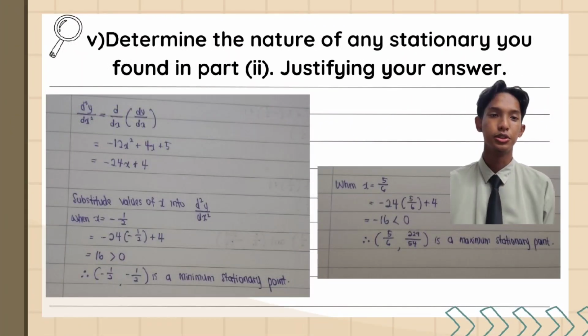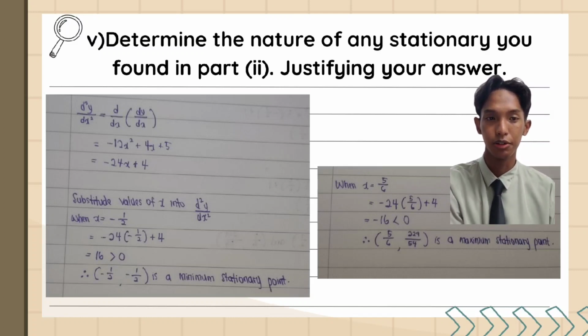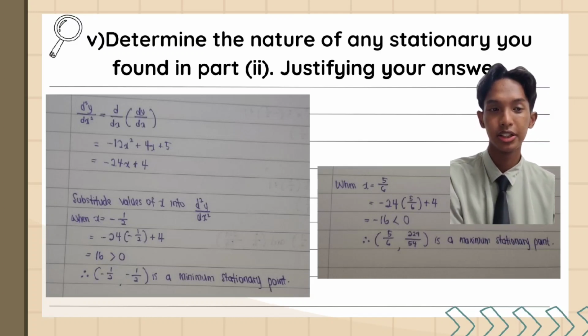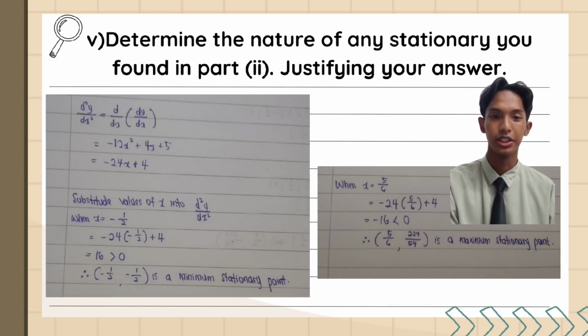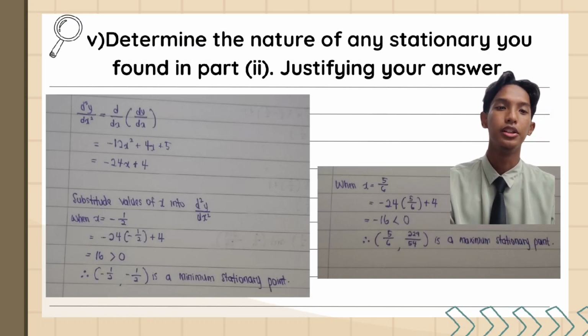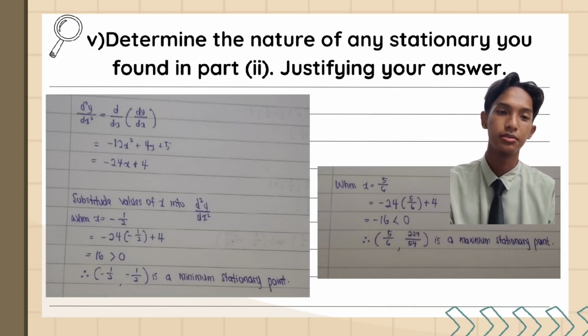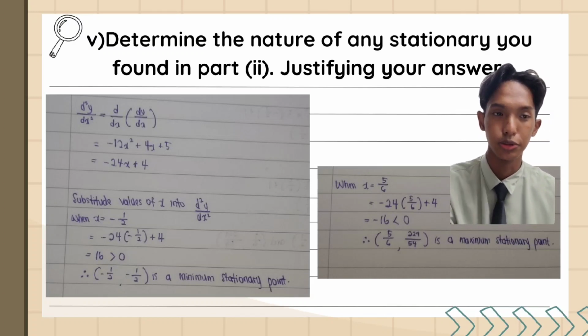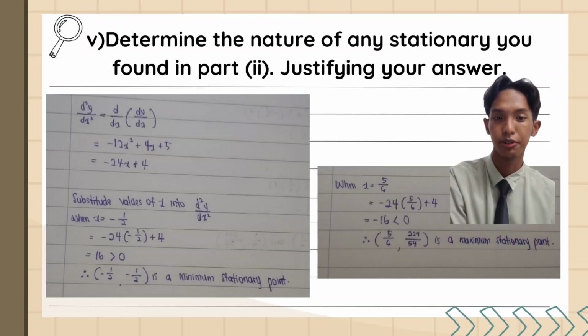Next question, to determine the nature of any stationary point you found in part 2, justifying your answer. So firstly, we need to find the d square y over dx square. That is, we differentiate again the dy over dx equation. We get the d square y over dx square is negative 24x plus 4. Next, we substitute the value of x that we got at question 2 into d square y over dx square.